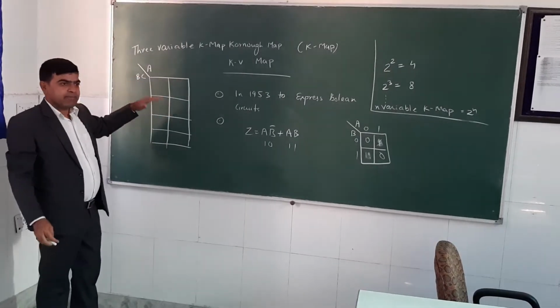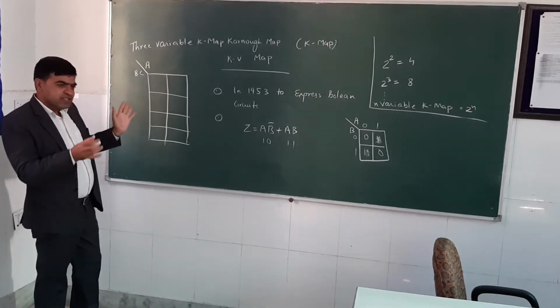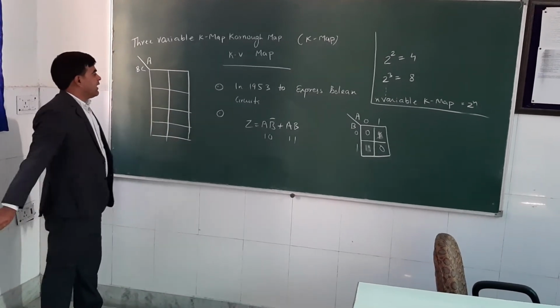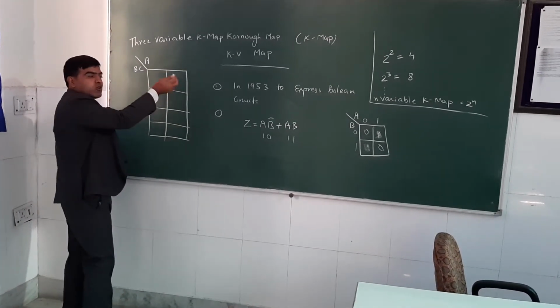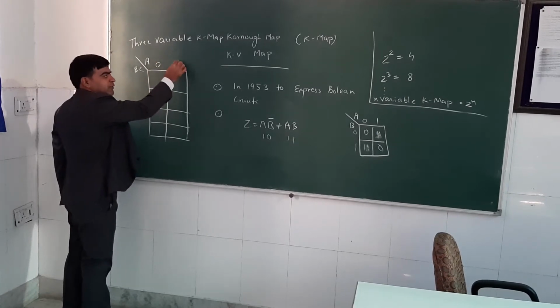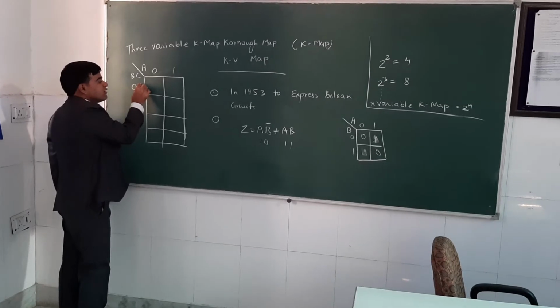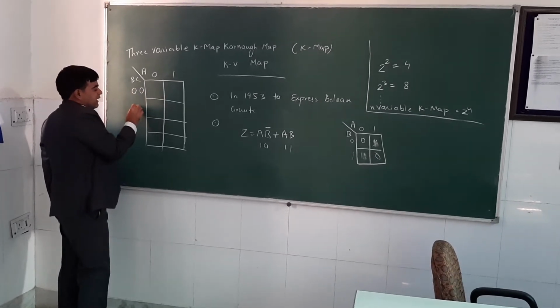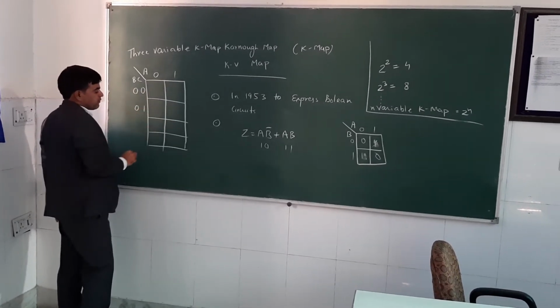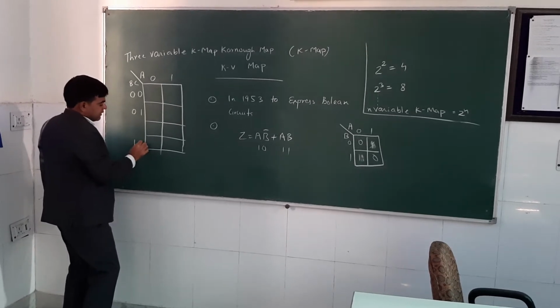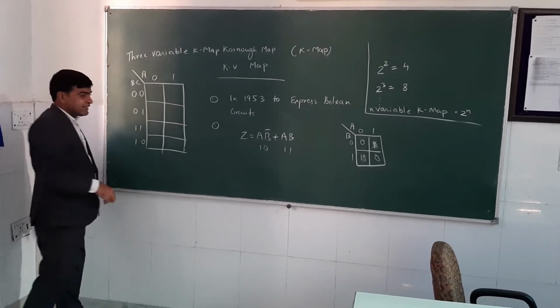It depends upon you how you write it, but we must have the 8 cells. A can have the value 0 or 1, and BC can be 0 0, then 0 1, then 1 1 and 1 0.